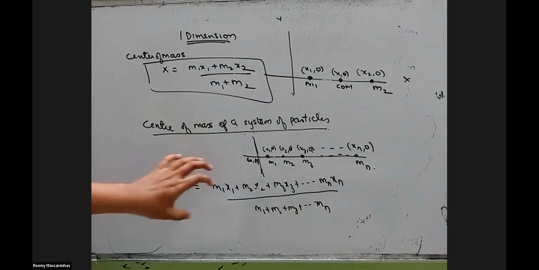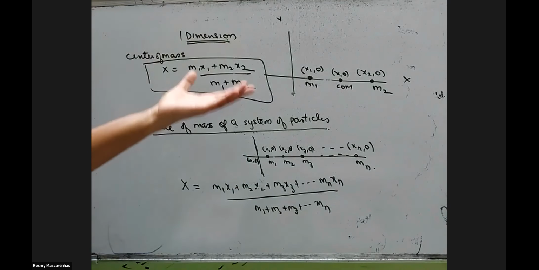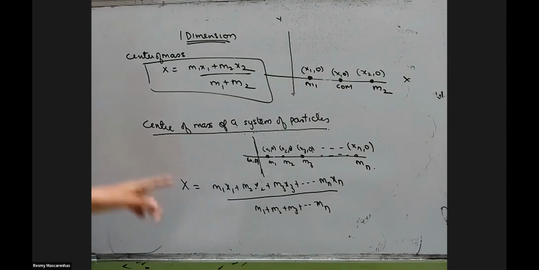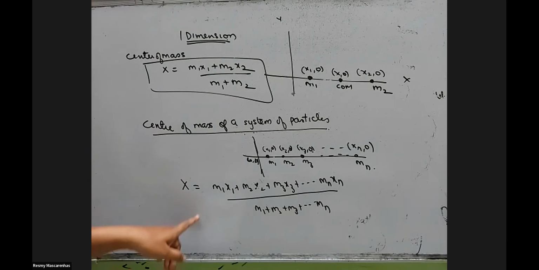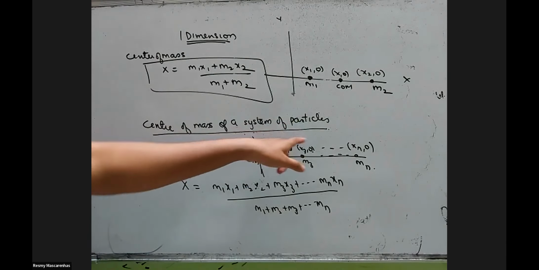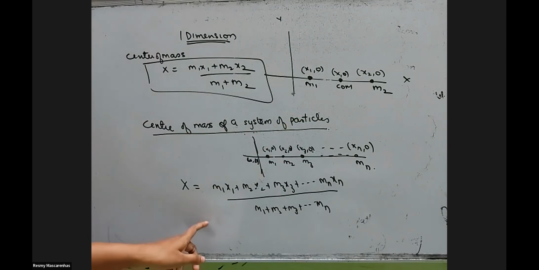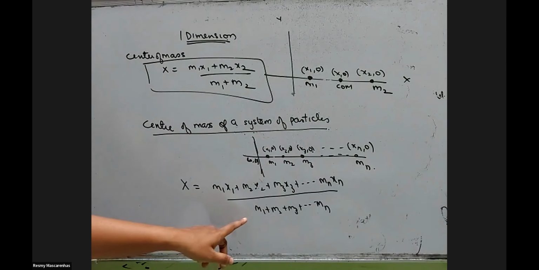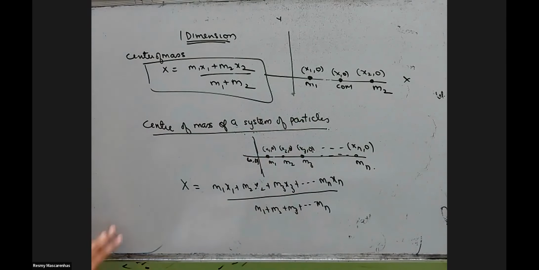So this is for one dimension. Same thing if it was for two dimensions, it's understood. You have to find y, then if there were particles here in space, then y coordinate would be m1 y1, m2 y2. That no need to write. Once you start solving the problem, you'll understand which formula to take.